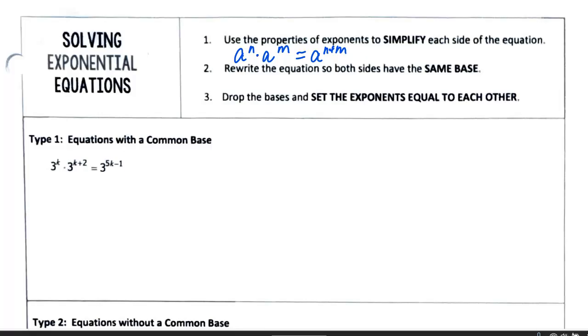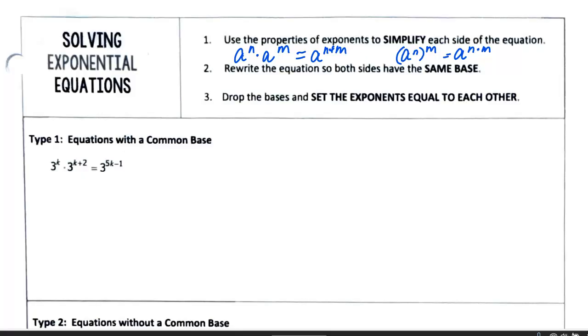The power rule states that if we raise an exponent to a power, then we multiply. So when we're solving these problems, we're going to use these different rules.